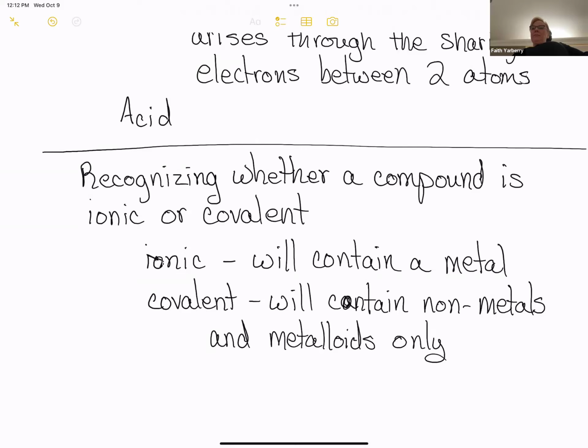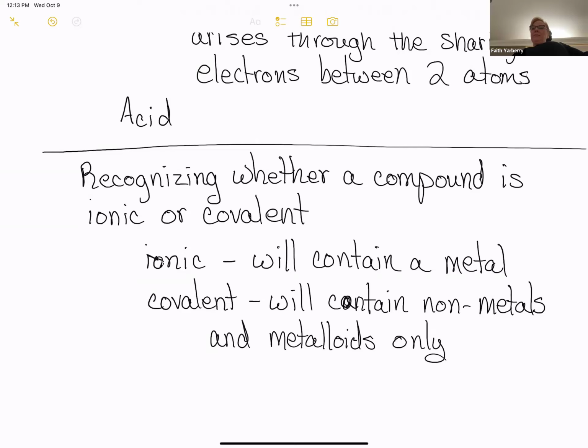So I'm going to go over the metalloids again, because they separate the metals from the non-metals. The metalloids are boron, element 5, silicon, element 14, germanium, element 32, arsenic, element 33, antimony, element 51, tellurium, element 52, and astatine, element 53.